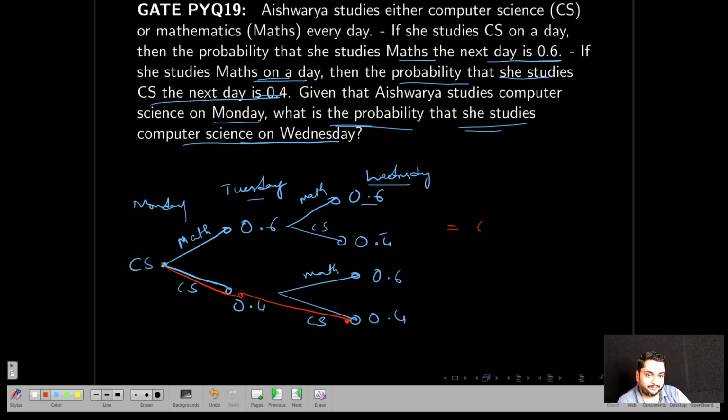This is one path, right? 0.4 into 0.4. Next, plus, see, here also there is one CS on Wednesday. So what is this path coming from? It is coming from math. So this is also a path, 0.6 into 0.4. So this comes out to be 0.4.